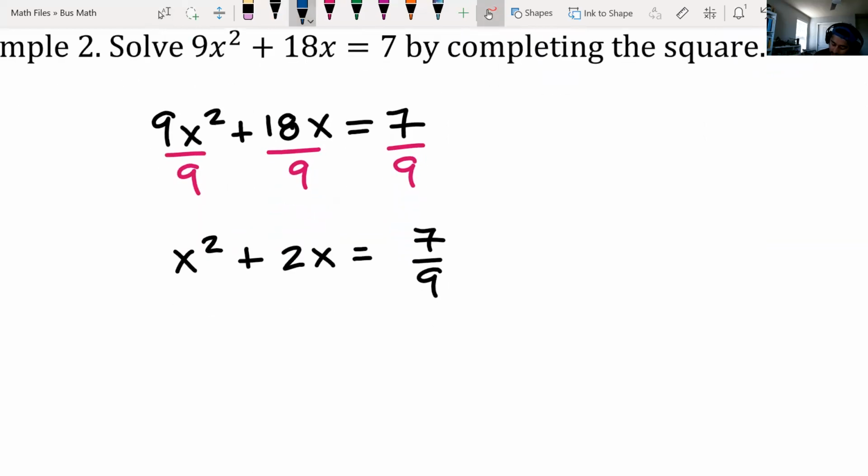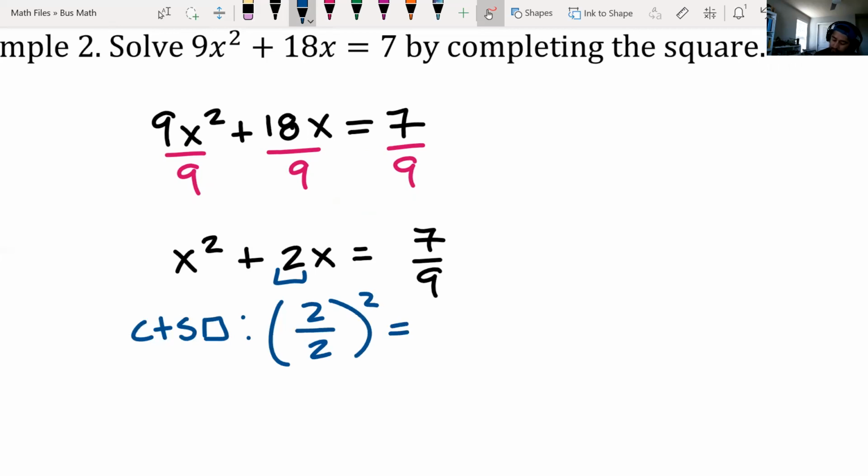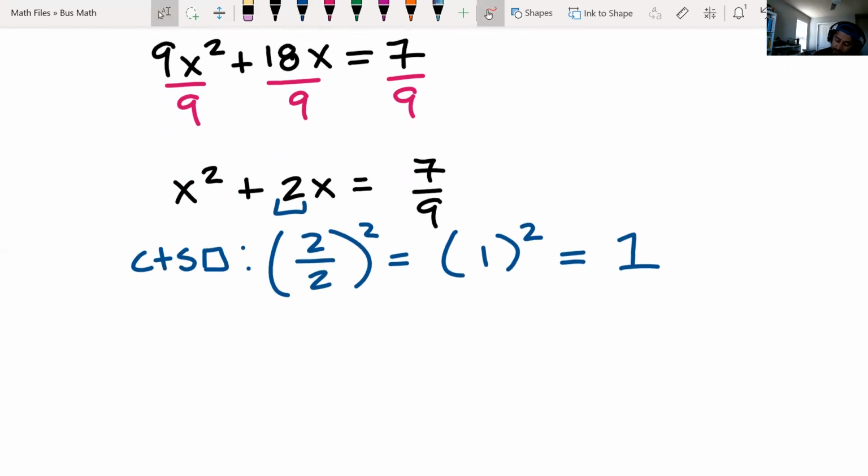So now we can complete the square, and we take half of the middle term's coefficient and square it. Reduce it, then square it, and 1 squared is still 1. So that's literally completing the square. That's it.